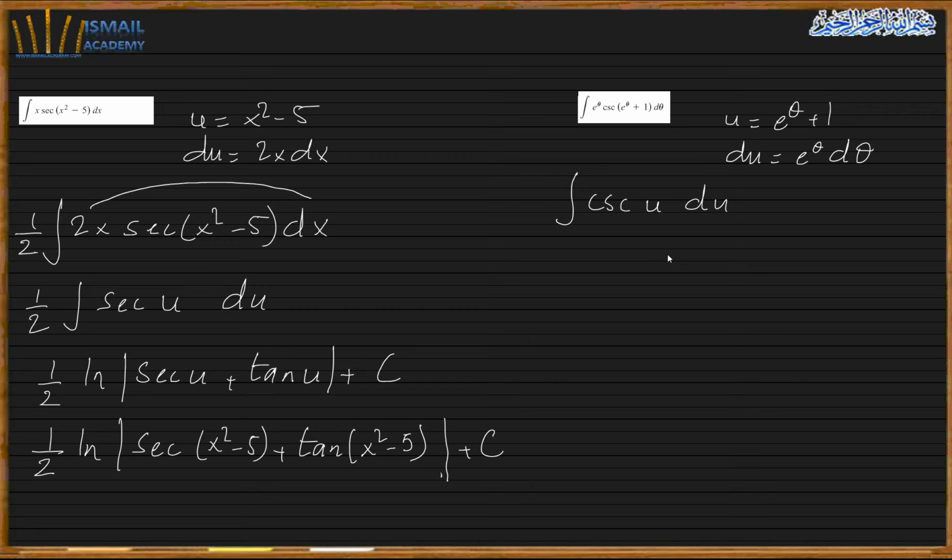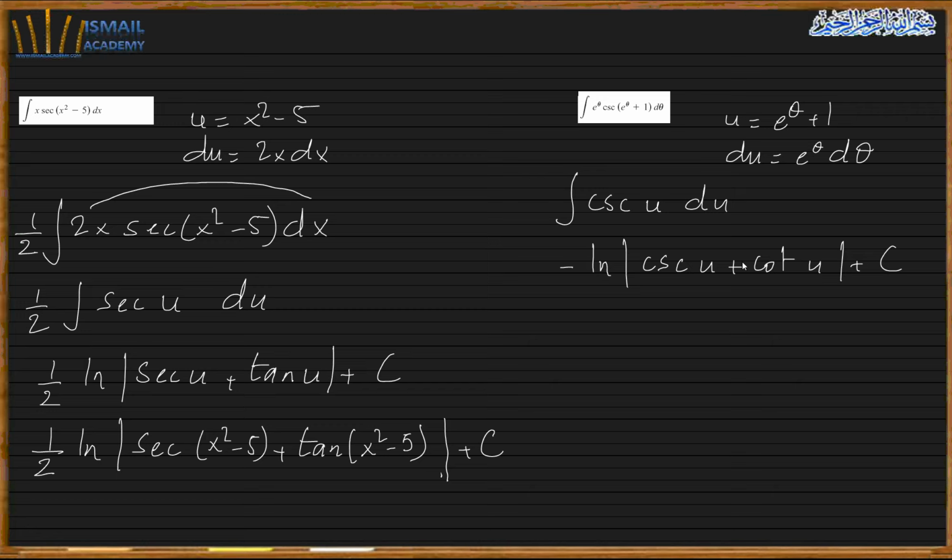So here the same thing. If I have minus ln of absolute value of cosecant u plus cotangent u plus c.